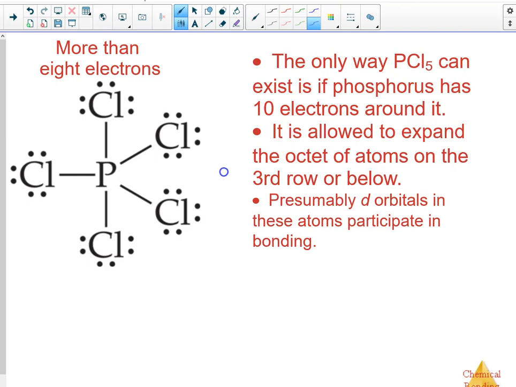Okay, when you get more than 8, you have to know that that cannot happen until you're on the 3rd row or lower, because d shells don't exist till the 3rd level. All right? So, almost always, if you have a problem on this, it's going to be phosphorus or sulfur.